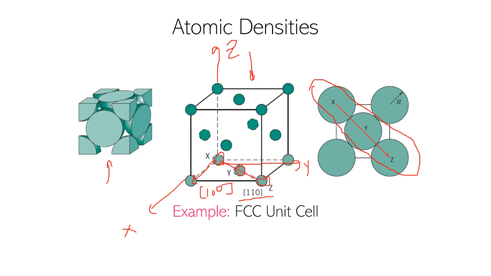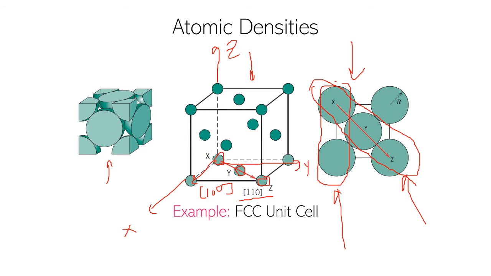Now, if I compare the atomic arrangement in the top view, that direction is this, and there are two atoms on that direction. So we can say that the packing along the 110 direction is more dense as compared to the atomic packing along the 100 direction.